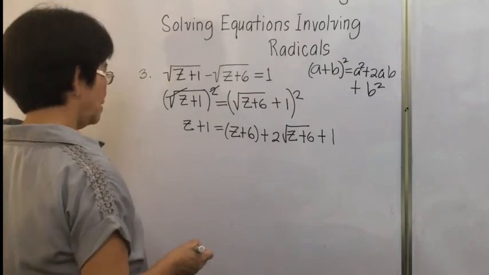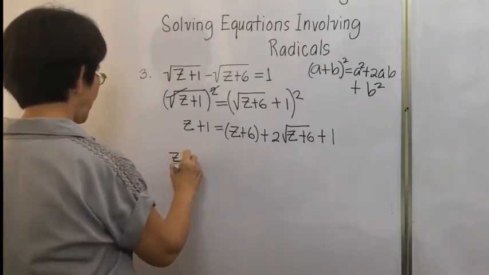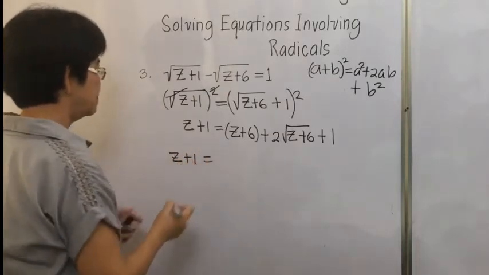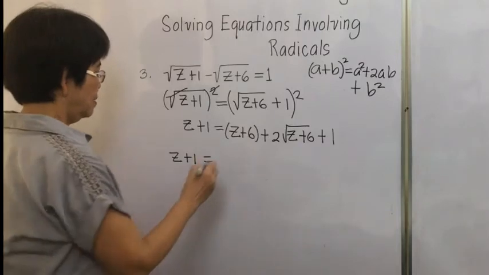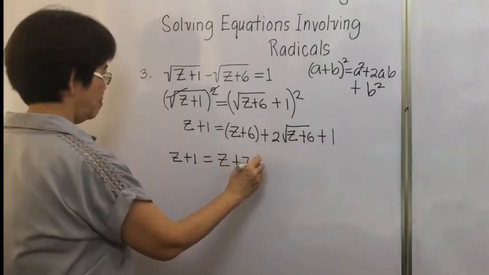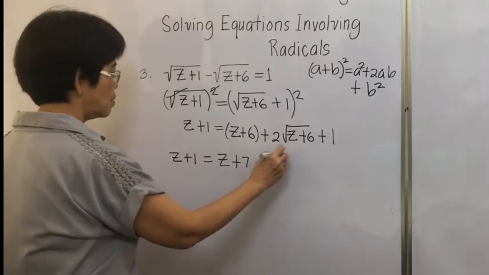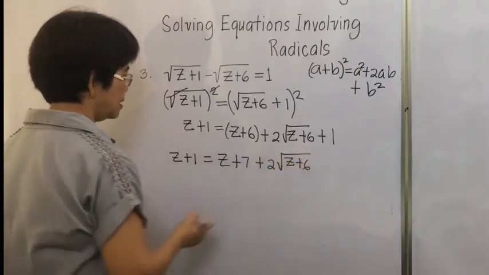So simplifying this, we have z plus 1 equals, we can add the 6 here and the 1. So we have z plus 7 plus 2 square root of z plus 6.